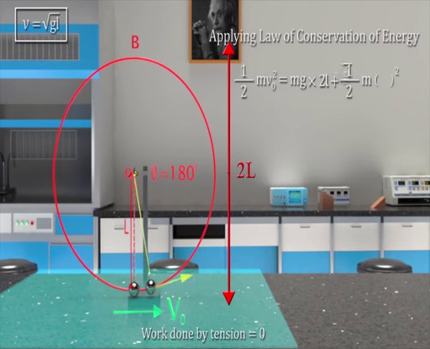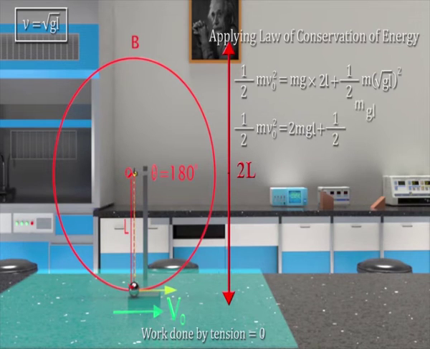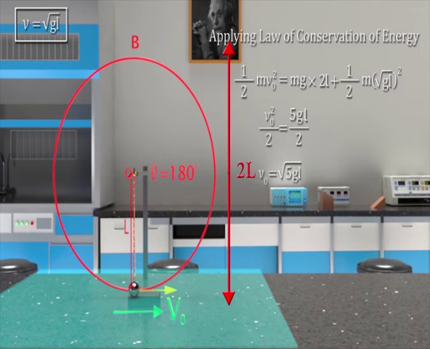Substituting velocity at the highest point as root over gL, we get half m v naught square equal to 2mgL plus half mgL. Upon cancelling m on both sides and solving, we get v naught equal to root over 5gL. Hence, minimum velocity of the bob should be given at the lowest point A so that it completes a full circle is root over 5gL.